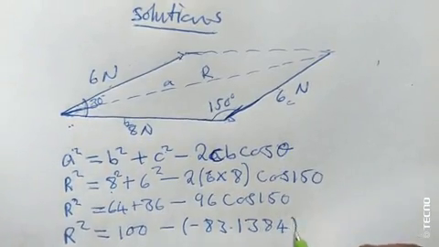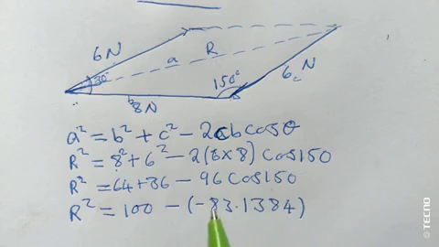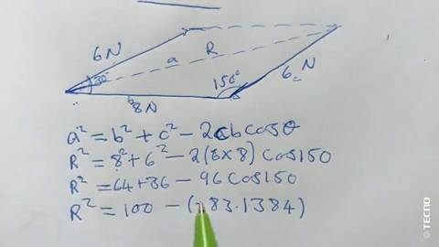I've just rounded this off on the calculator to 4 decimal places, but if you want, you can write everything.